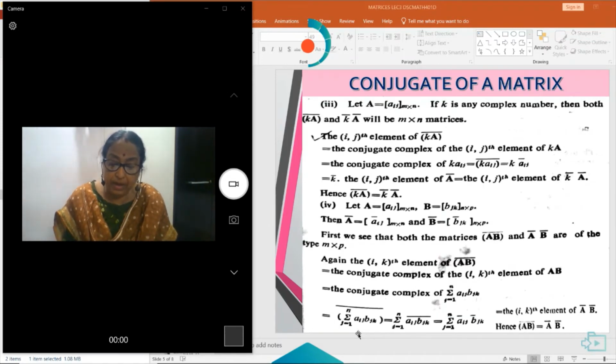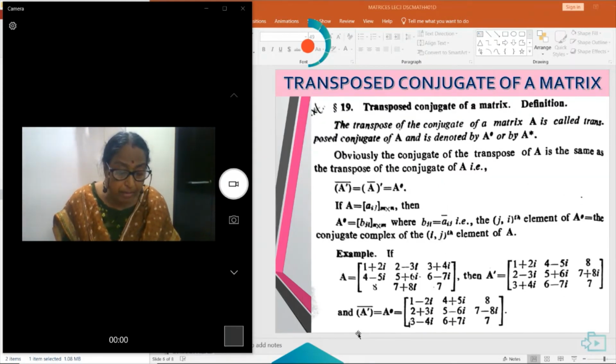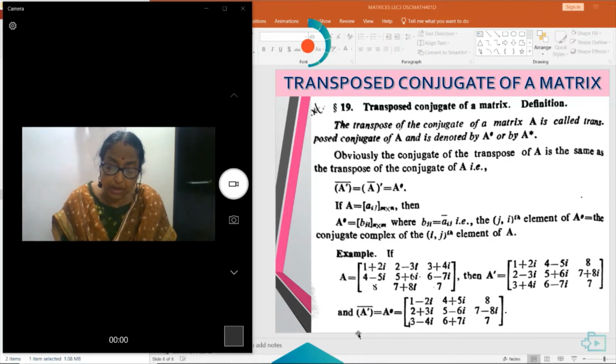Now we will deal with the transpose conjugate of a matrix. The transpose conjugate of a matrix A is called the transpose conjugate of A and is denoted by A theta or by A star.